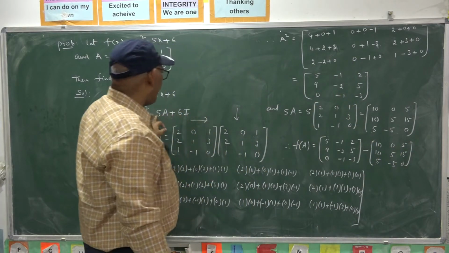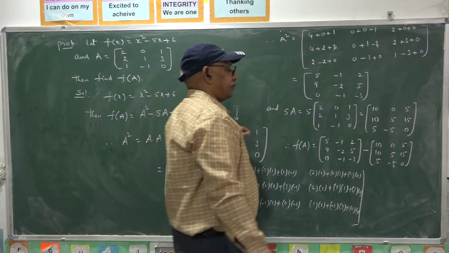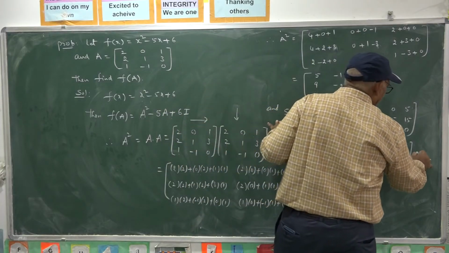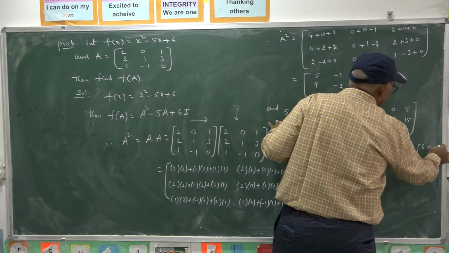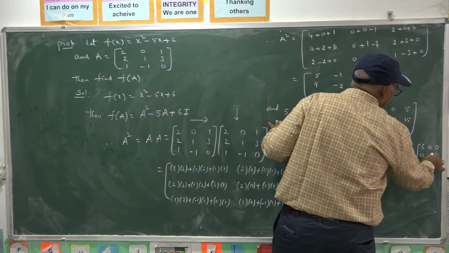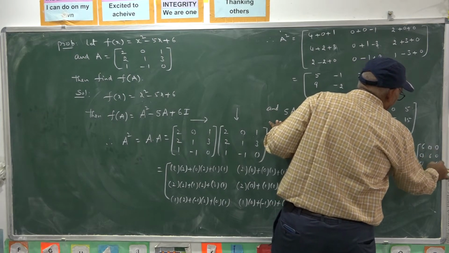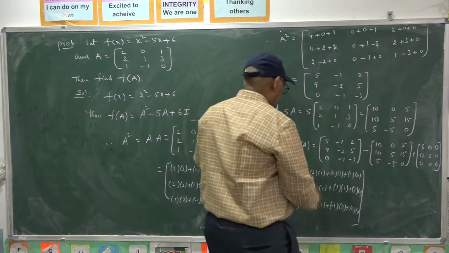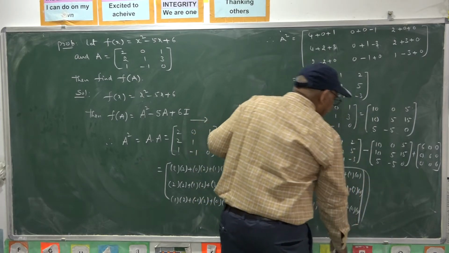Minus 5A plus 6 into I. 6 into the unity matrix is 6, 0, 0, 0, 6, 0, 0, 0, 6. This is our f of A.